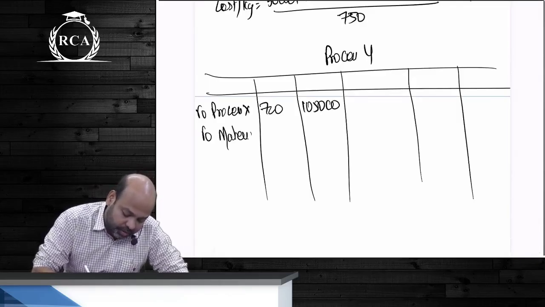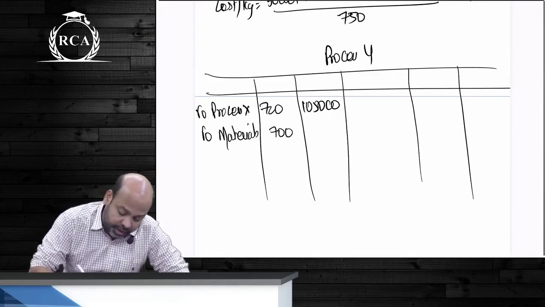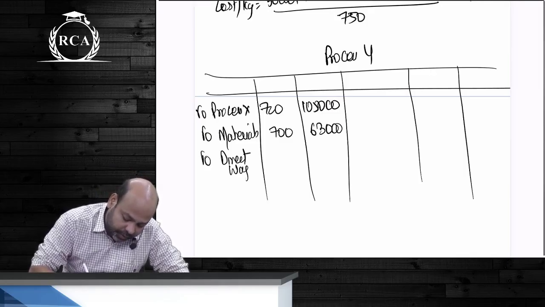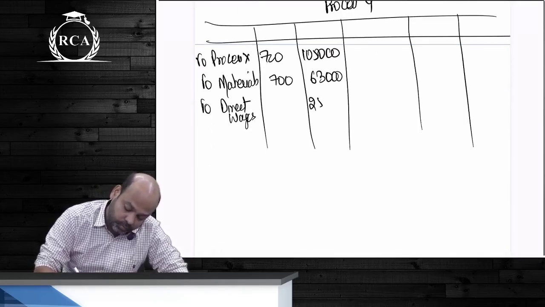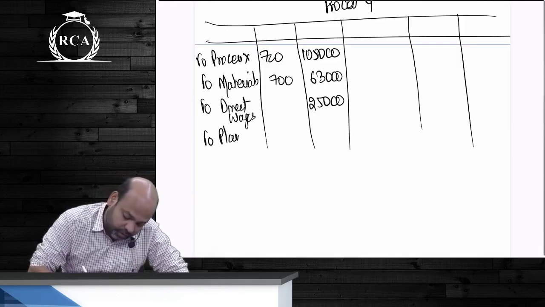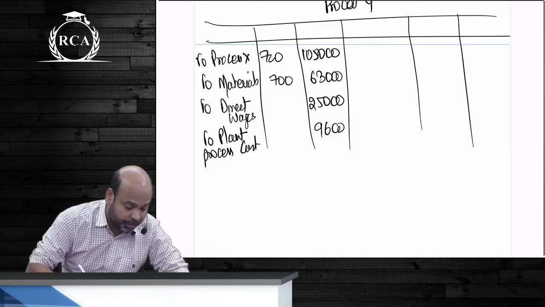How much is the amount of other materials that we are adding? 700 kgs at the rate of 90 per kg. 63,000. To direct wages. How much is the amount of direct wages? 25,000, guys. To plant process cost, 9,600. And then to departmental overheads.